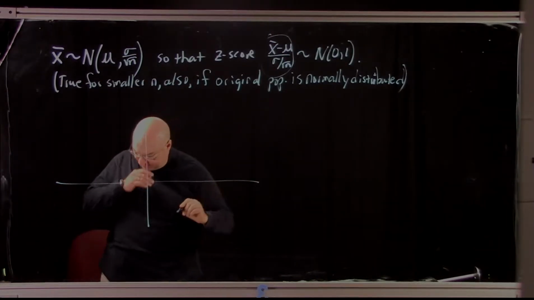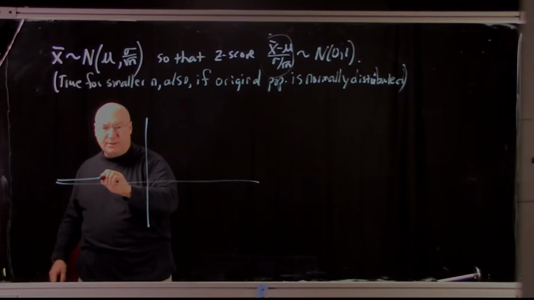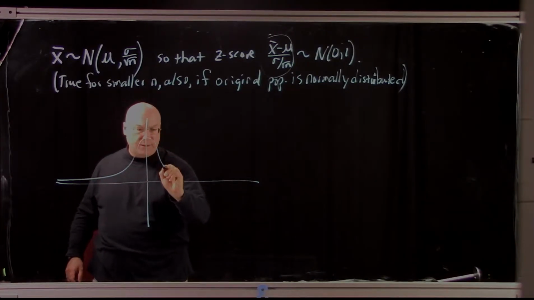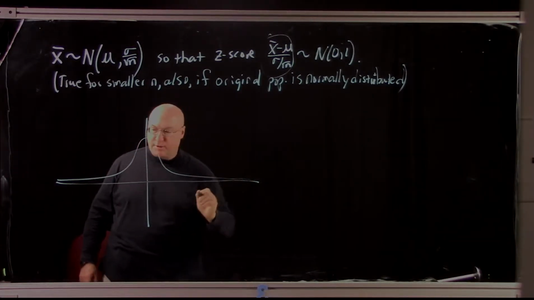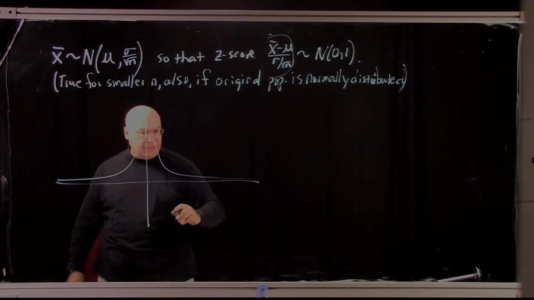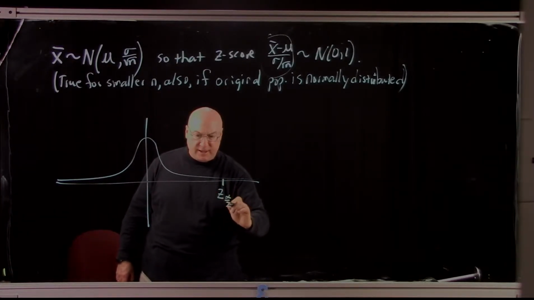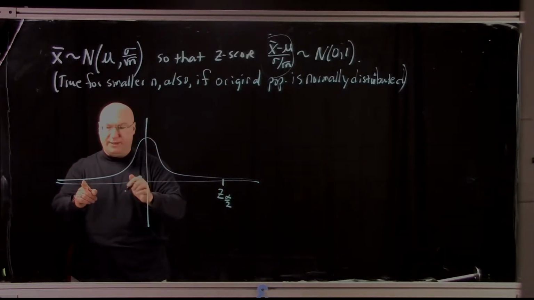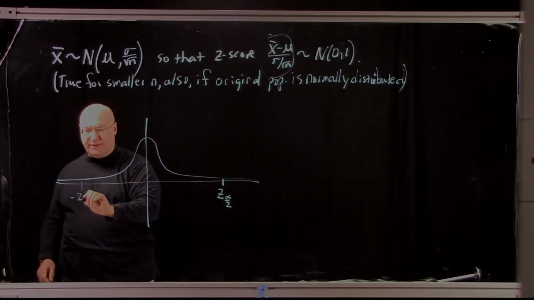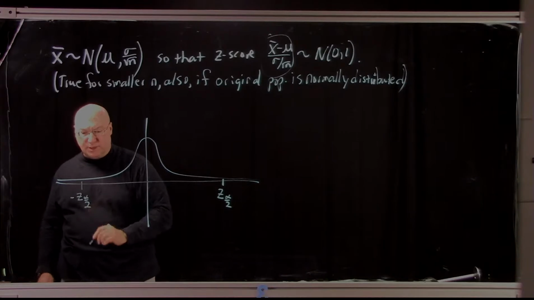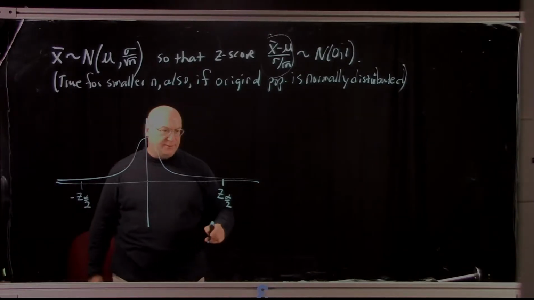You have our z random variable curve here, and let's say that about right there is z alpha over 2, and so I come back symmetrically over here and I'd have negative z alpha over 2. So all of this should be quite old hat.